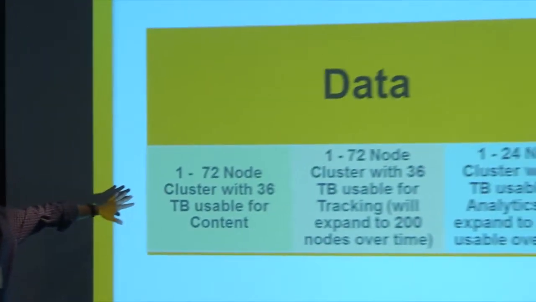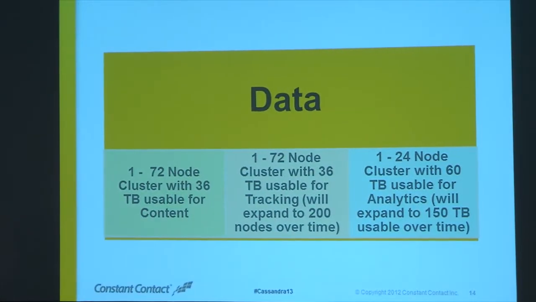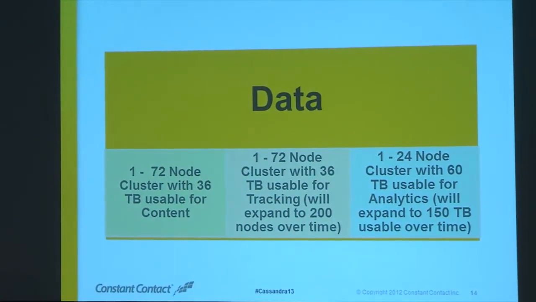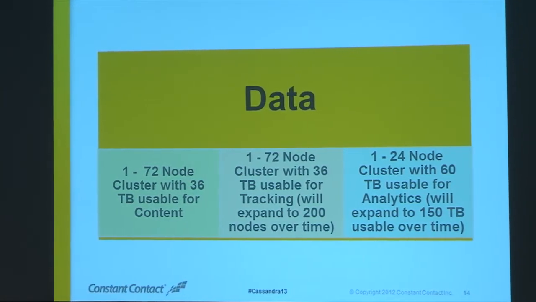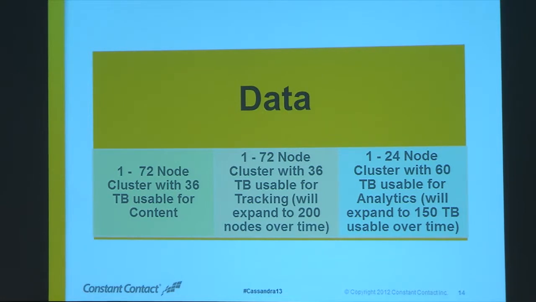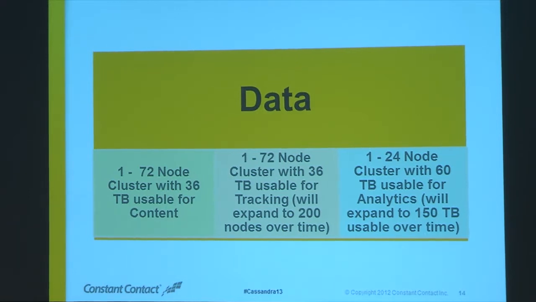And what that boils down to on the content side is a 17-node cluster with 36 terabytes usable for content, and another 17-node cluster with the same capacity for those events, which will expand to 200 nodes over time. Those 100 billion events actually don't fit into those 36 nodes.